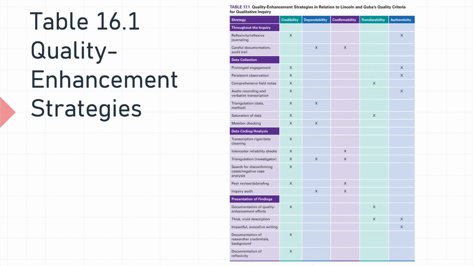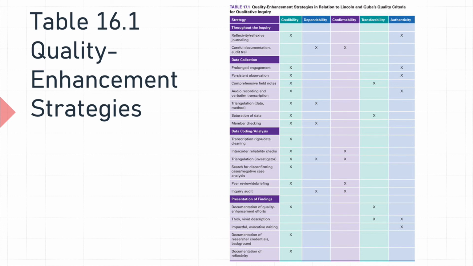If you look at Table 16.1, quality enhancement strategies, this is really wonderful when you're doing your own qualitative research, and it's wonderful because it breaks it down by credibility, dependability, confirmability, transferability, and authenticity, and it gives you strategies to improve those things.